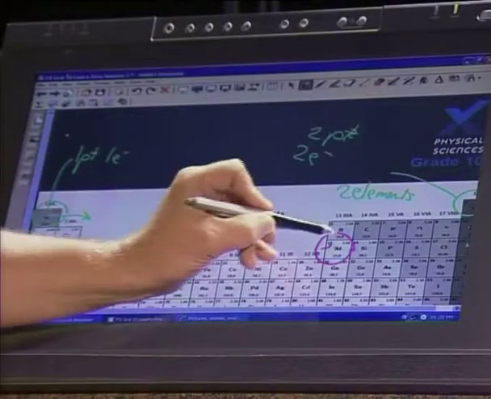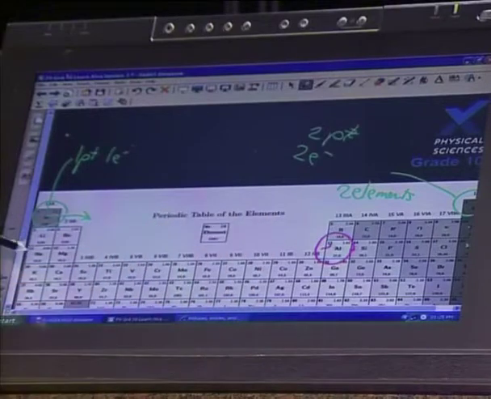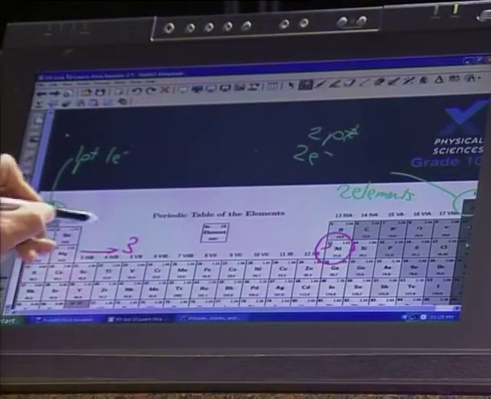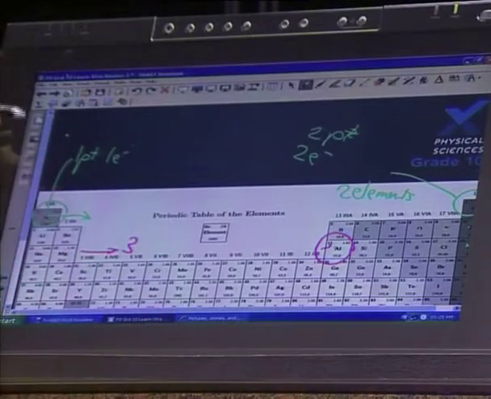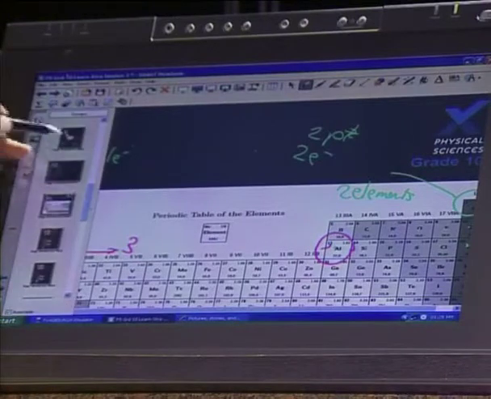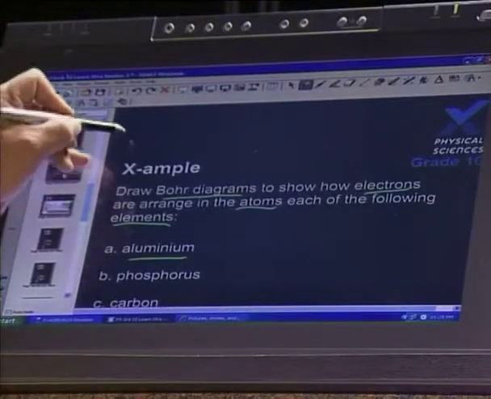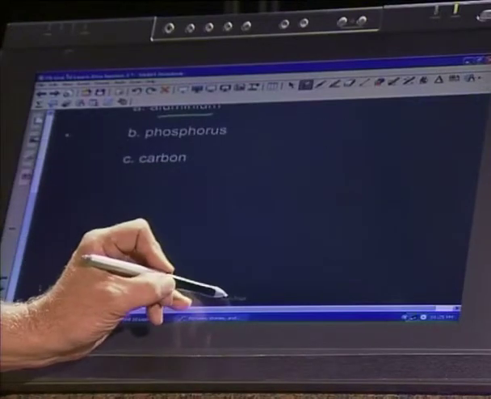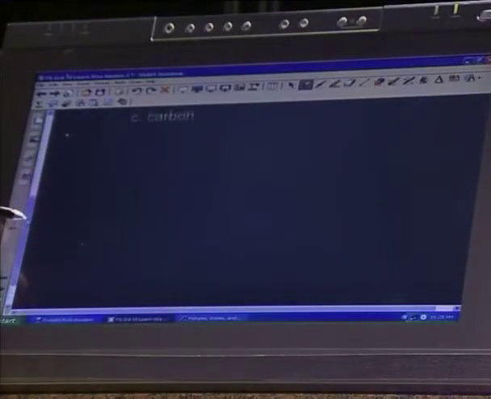Okay, what we need to recognize, also, is that it's in period 3. So that means it should have 3 energy levels. We're going to predict it has 3 energy levels. Let's go and draw the diagram. So let's do aluminium first, and then we can sort it out with the others.